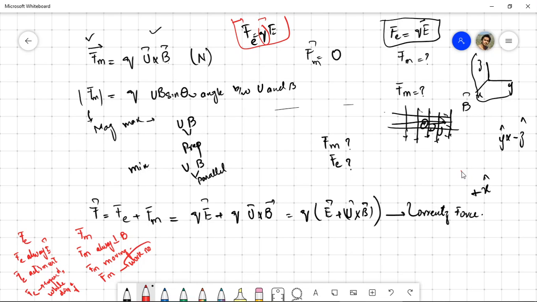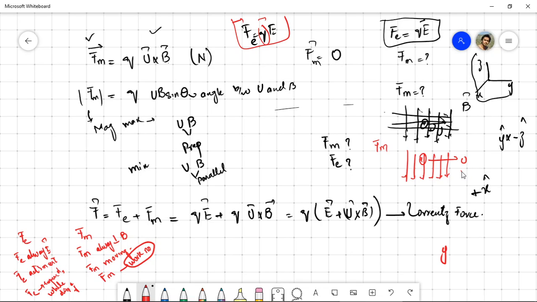No work. Why? The reason is that if we go back to this example, we had a charge moving in this direction. This was the magnetic field, and we figured out that the direction of Fm was inwards into the screen, which means that the motion is in the direction of y.